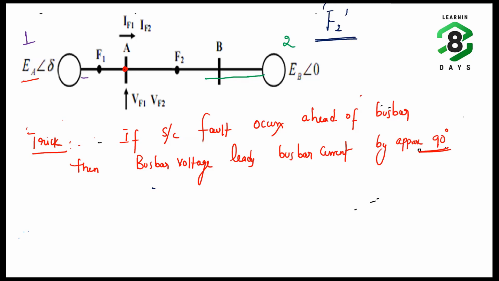So in this case, for the fault at F2, with this technique, how can you write? VF2 leads IF2.